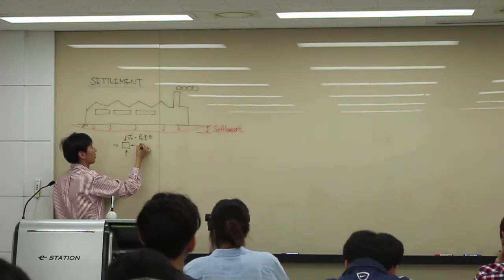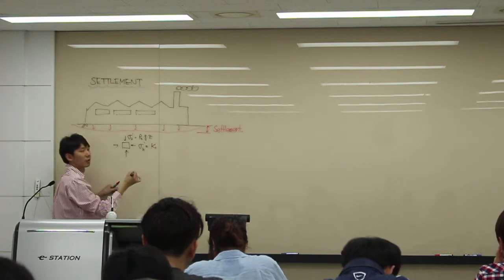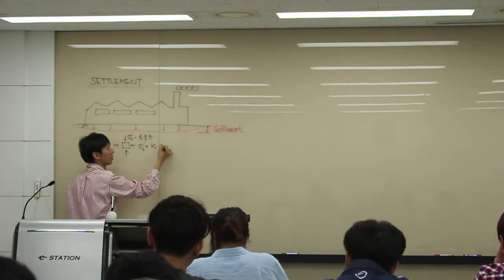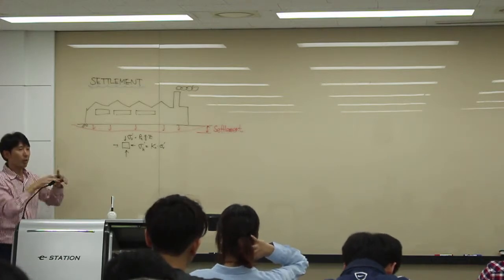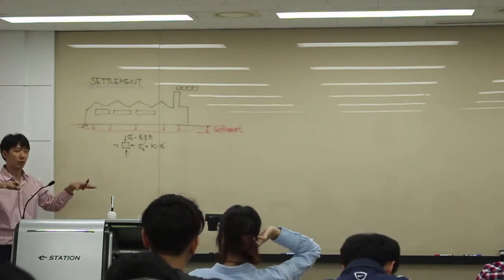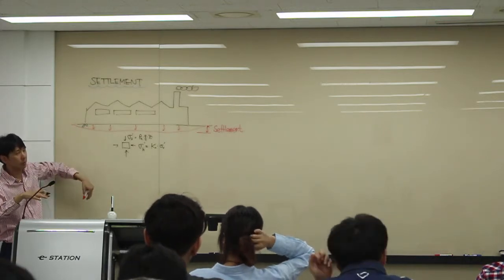And the horizontal stress will be what? K times the vertical effective stress. Right. That was the original stress condition in the soil. And this will increase as you go deeper.